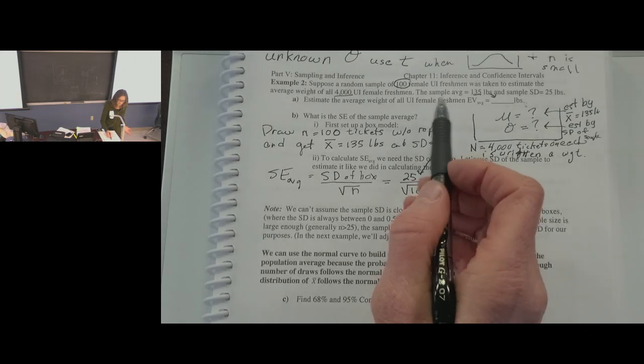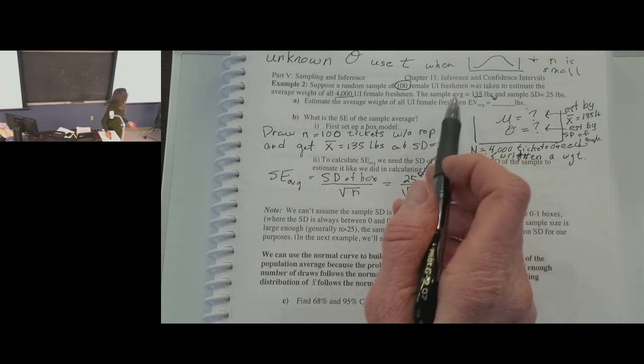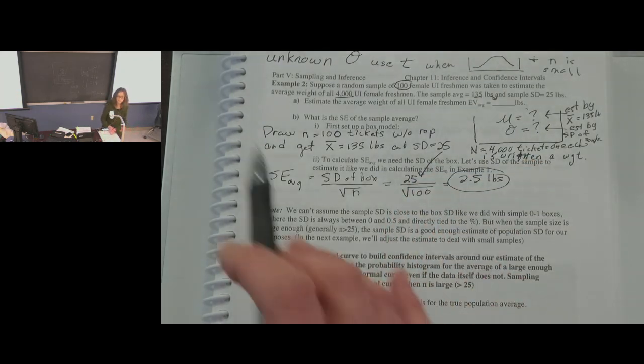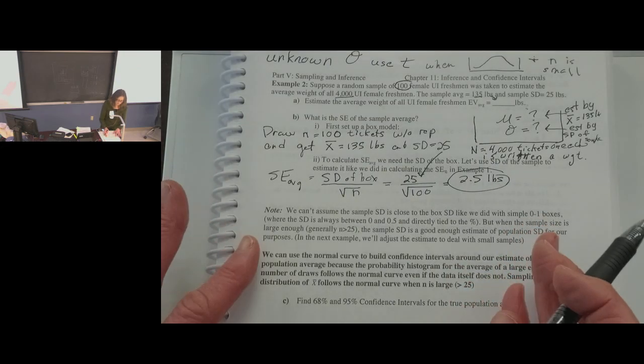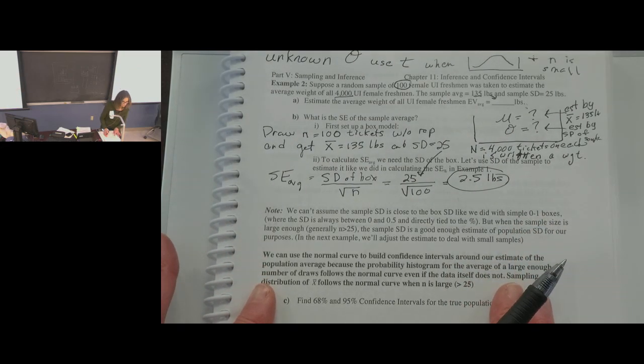With a large enough sample size. Now, if you have really crazy skewed stuff inside the box, it's going to take longer. But something like weights, not very skewed, it's going to be sort of close to normal. The central limit theorem will allow us to use the normal curve. And we don't have to use the T.